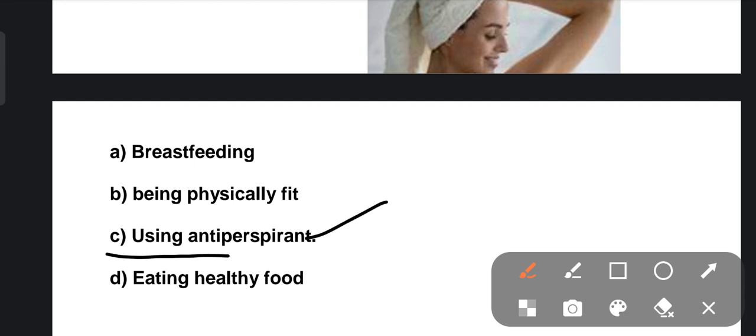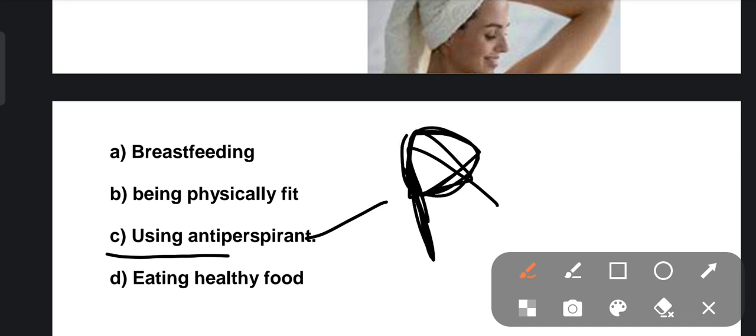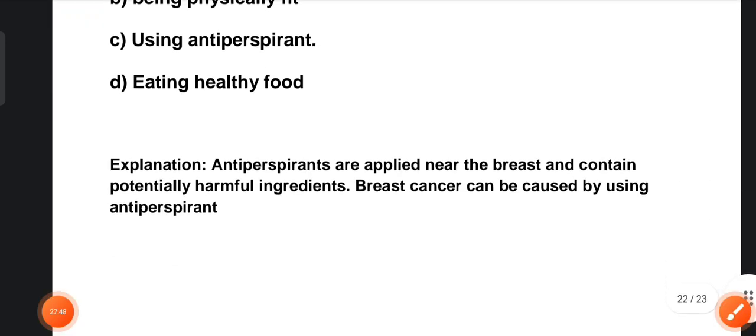Antiperspirants are what women use for preventing bad sweat smell, bad odor from the axilla, like sprays. So those are called antiperspirants. Those are a cause of breast cancer in women.